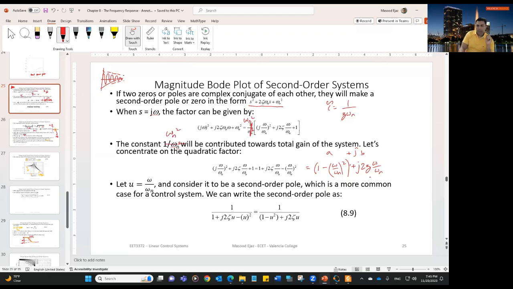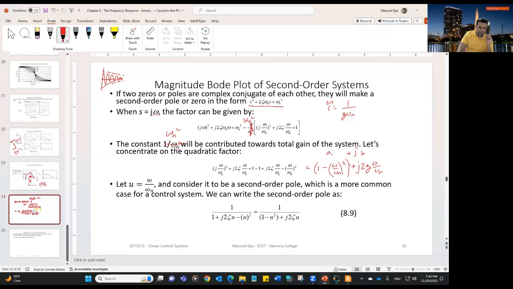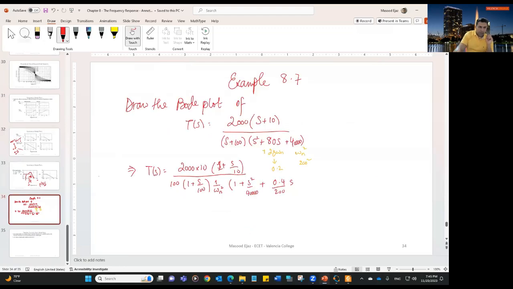So we're going to take out omega n squared over here, which is 40,000. So 1 plus S squared over 40,000.